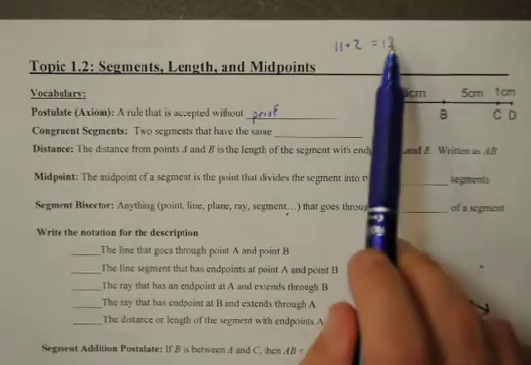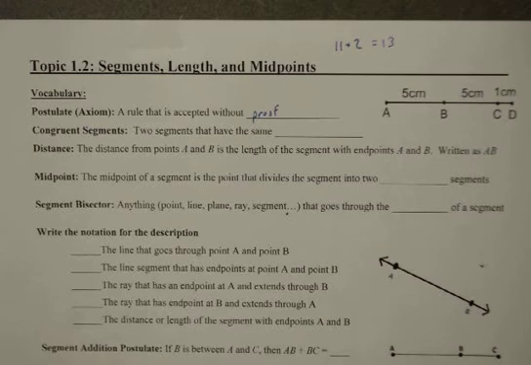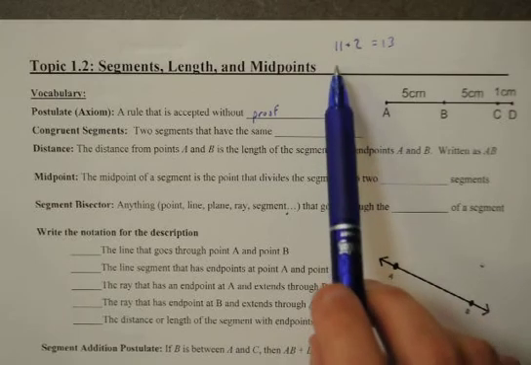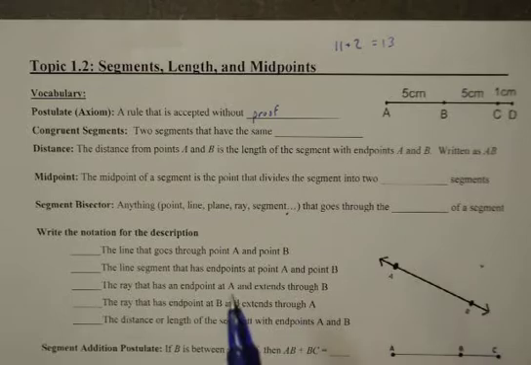So this is true under the postulate that the numbers go 1, 2, 3, 4, 5, and they continue forever. But under a different assumption, like let's say the number line circles back on itself after 12, like a clock. If it's 11 o'clock and you meet me in 2 hours, 11 plus 2 is 1.